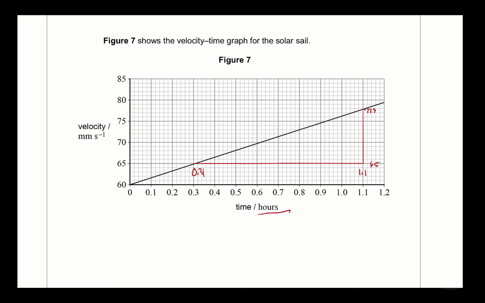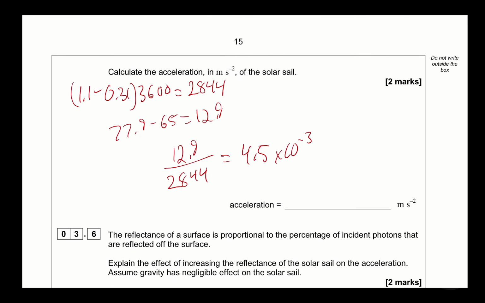Oh, units. Millimeters per second. So this is millimeters per second squared, because I wasn't paying attention. So 4.5 times 10 to the minus 6 meters per second squared.